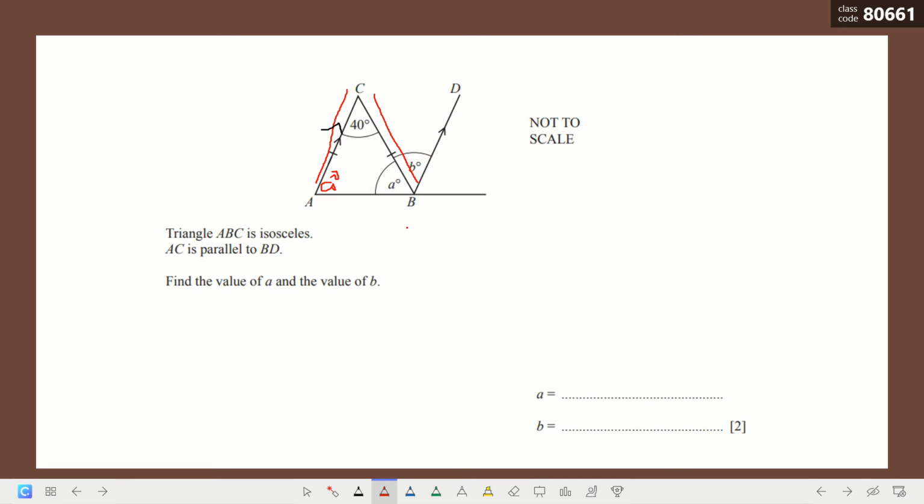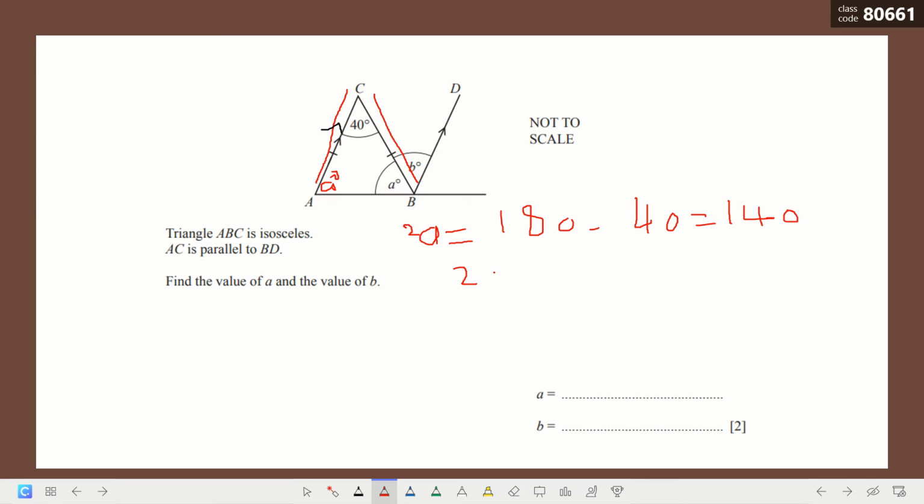So to find 2A, I have to subtract 180 minus the angle C, which is 40. That's equal to 140.